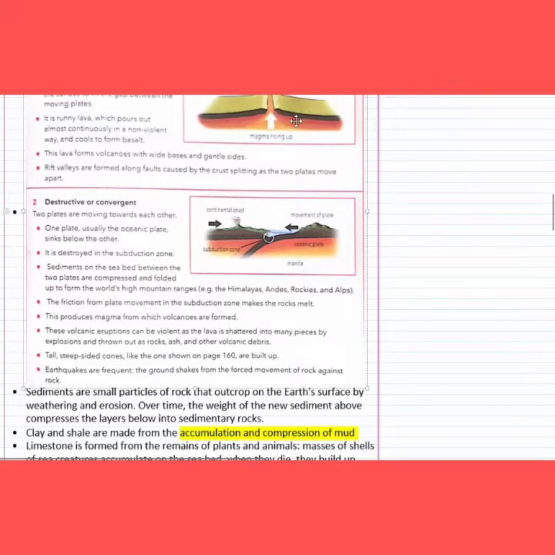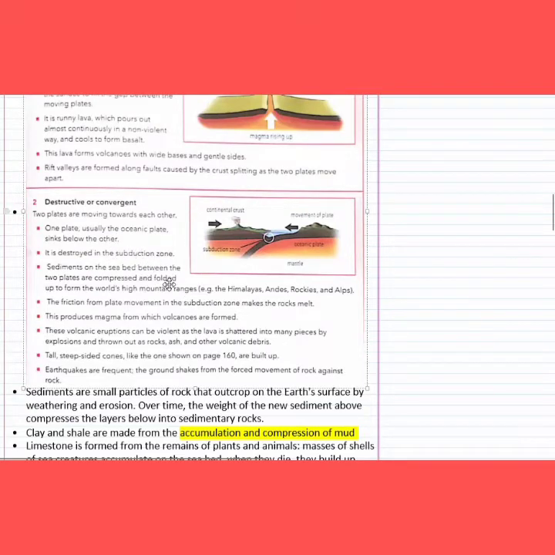Here we had two continental plates, however here we have an oceanic plate and a continental plate. In destructive plate movement, they both move towards each other and collide, and one of the plates, usually the oceanic plate, is destroyed in the subduction zone. A subduction zone is a zone where one plate is destroyed because of the immense heat produced.